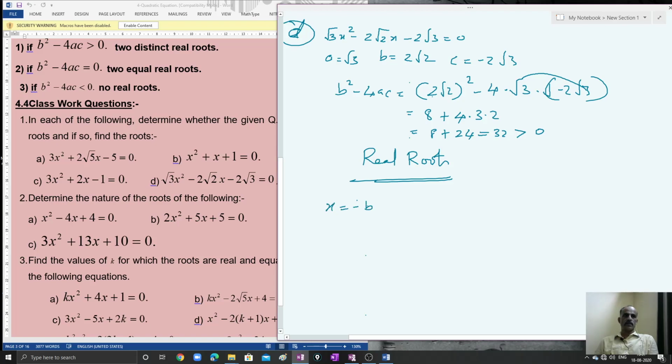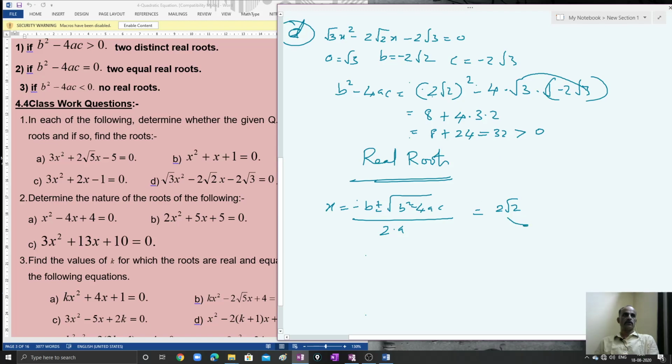x is equal to minus b plus or minus root of b square minus 4ac, or you can use any method, completing the square or splitting the middle term, divided by 2a. That is minus b, that is 2 root 2. Here there is a small problem, I forgot this minus, be careful with that. The value won't be changing.